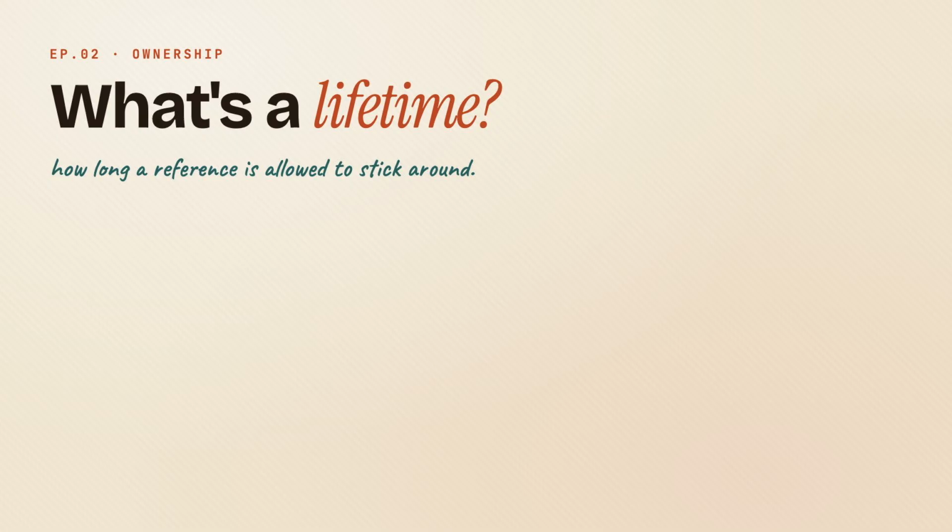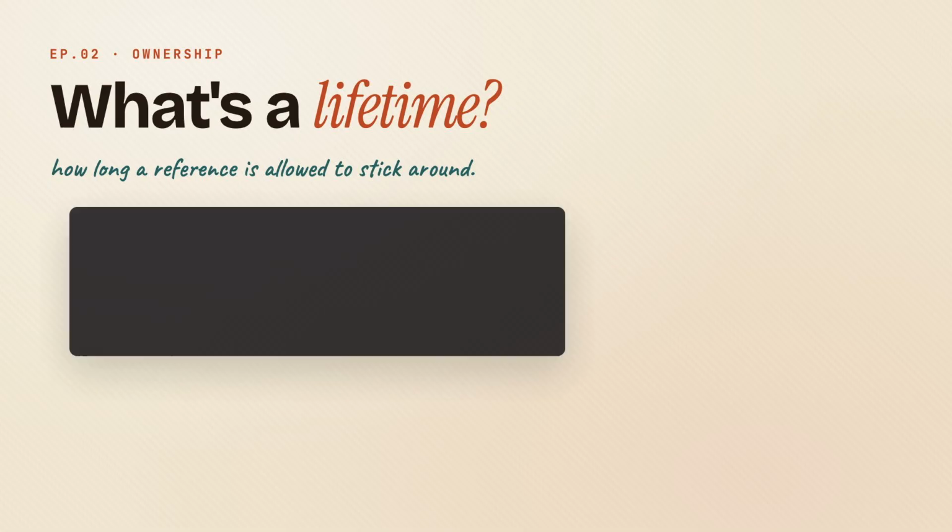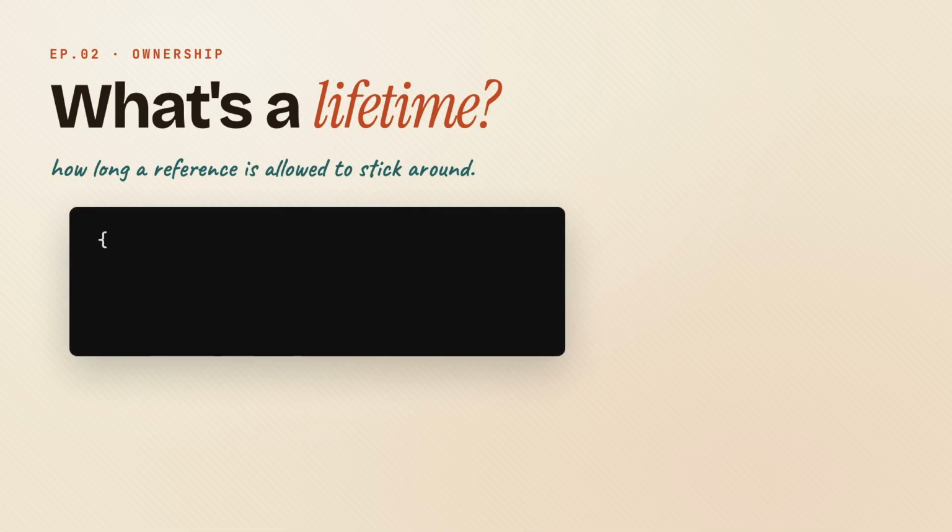Do you remember rule number 2? That the reference must always be valid. Well, there's a name for that rule. It's called a lifetime. Every reference has one. The lifetime is the span of code where that reference is allowed to exist. Watch, cat name is born here.